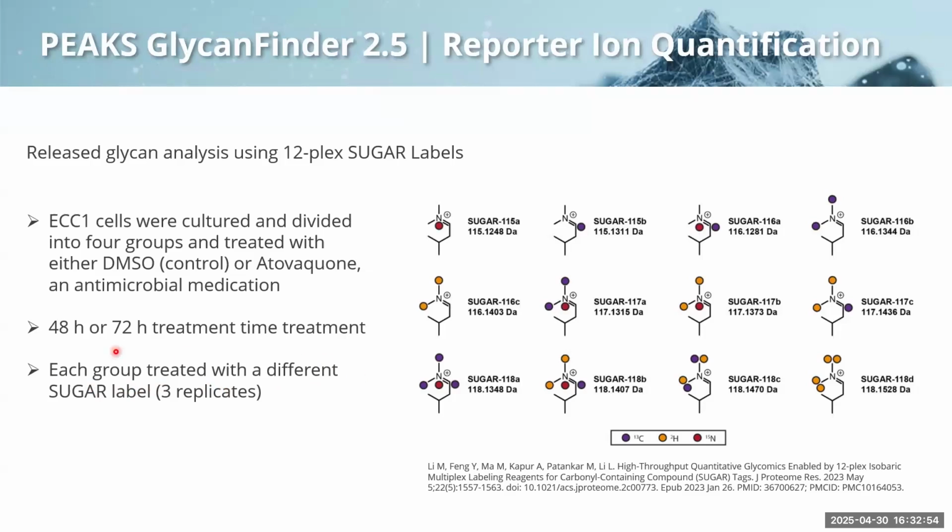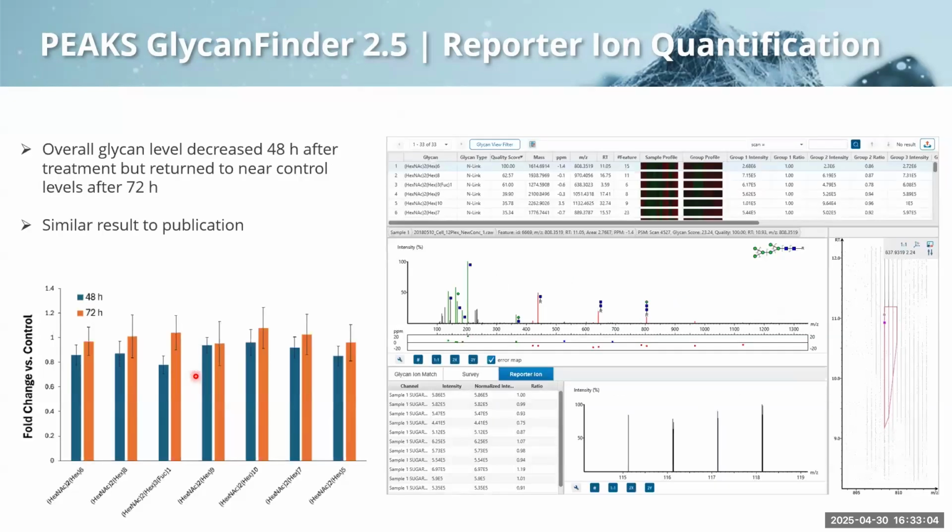And then each group was treated with different SUGAR labels with 3 replicates. So essentially 3 different labels per group. And then this is showing in Peak's GlycanFinder the reporter ion quantification result. So you can see here the actual glycan identity is listed, the sample profile heat map, the group profile heat map, and then intensities across the different groups.